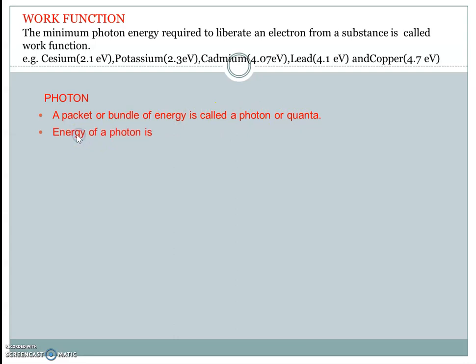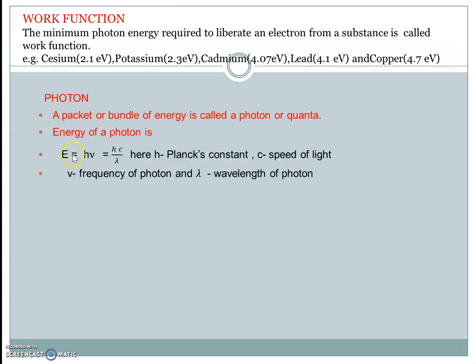Each packet possesses energy equals to h nu, and h nu is equals to hc by lambda. Here h is Planck's constant, 6.625 times 10 to the power minus 34 joule second. C is the speed of light.